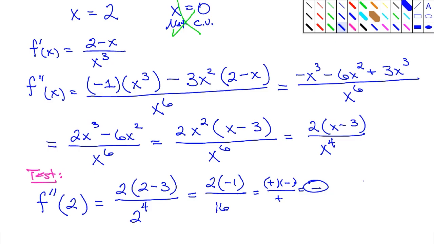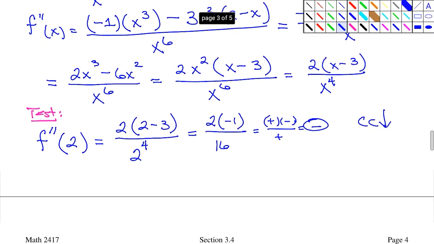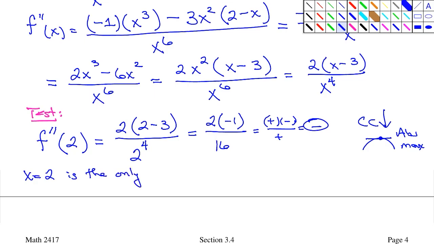That implies that the function there is concave down. And if the function is concave down, then that means at x equals 2, we have an absolute max. Now it's an absolute max because of the second derivative test for absolute extrema, because x equals 2 is the only critical value, thus producing an absolute max.